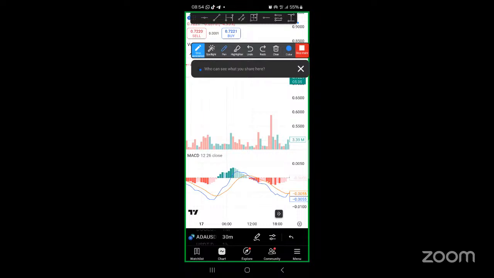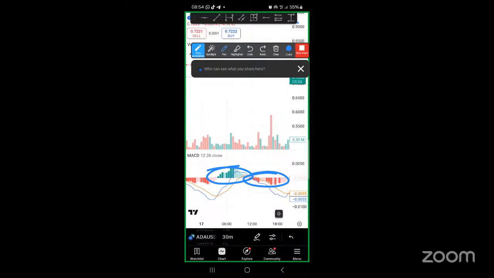Then we have what we call the histogram. The histogram is this graph, I don't know how they call them in English, because they are not candles.